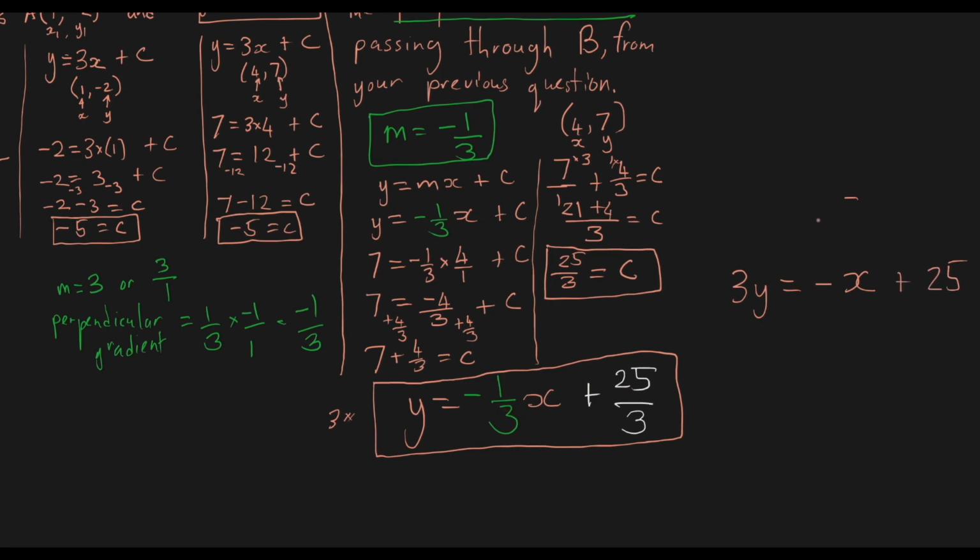I could bring this over and we will have x plus 3y equals 25. We could also say x plus 3y minus 25 equals 0.